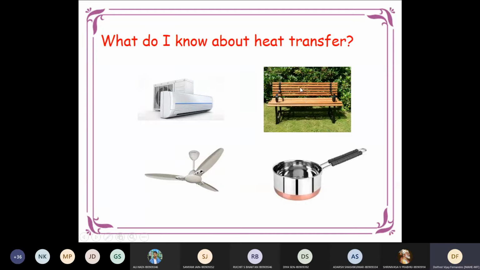And in the class I used to ask this question: you are at a park and you have a choice to make about which bench to sit on. You have two choices, one made of metal and one made of wood. Which one do you prefer?